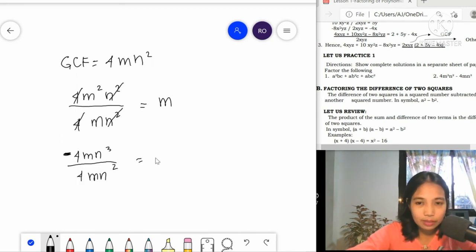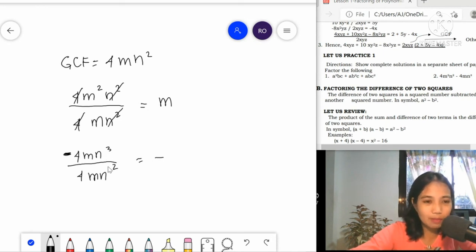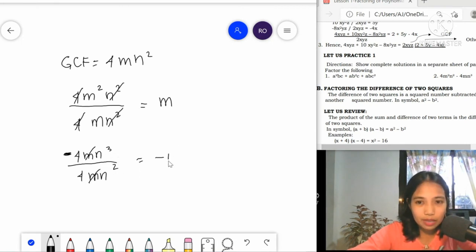So again, pwedeng hindi natin isulat ang 1, but then we have to write the negative sign. Okay, since meron pa namang kasamang ibang variables. So we can cancel out m. In terms of n, dito ay, ang exponent nito ay 3. Sa denominator, exponent ay 2. 3 minus 2 is 1. Okay, so meron pang matitirang isang n.